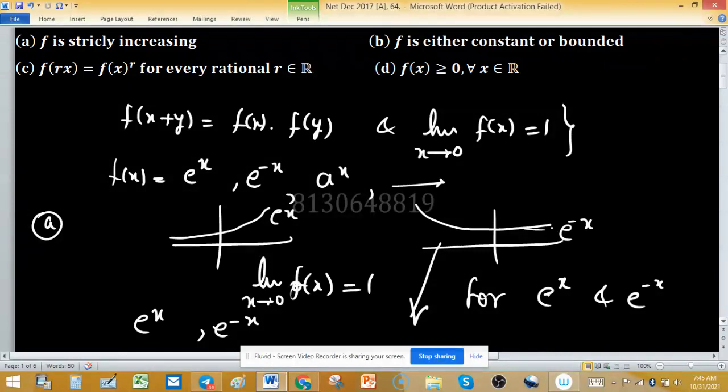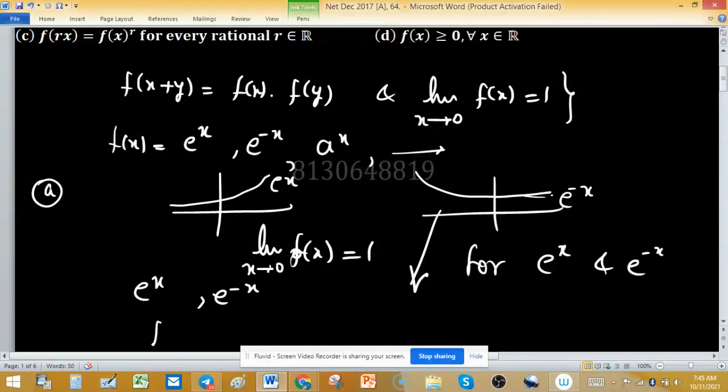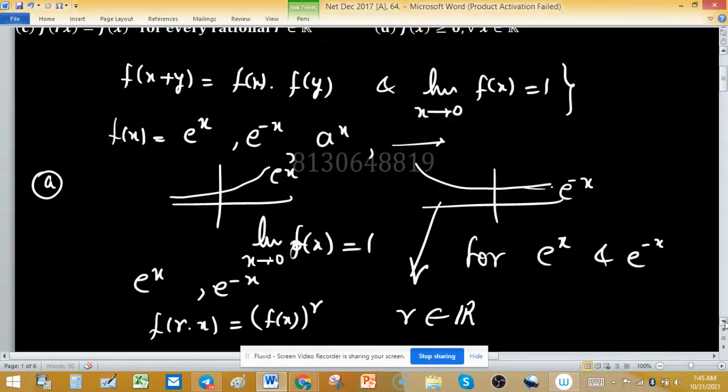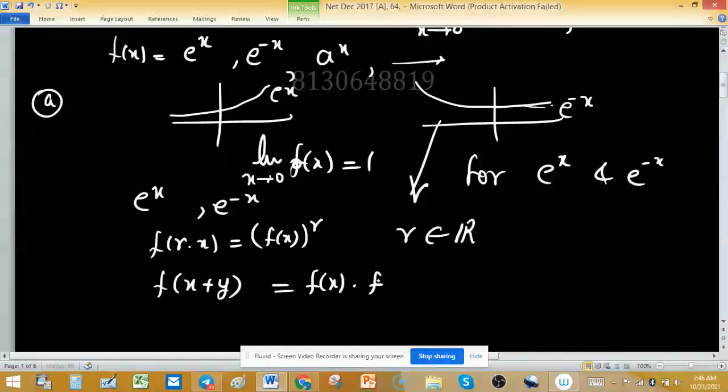Now we are trying to check option C. As you can see, option C is given as f(r · x) equal to f(x) raised to the power r, and this is true for all r coming from capital R, the set of real numbers. The function satisfies the property f(x + y) = f(x) · f(y).